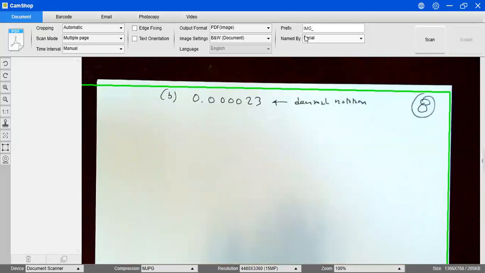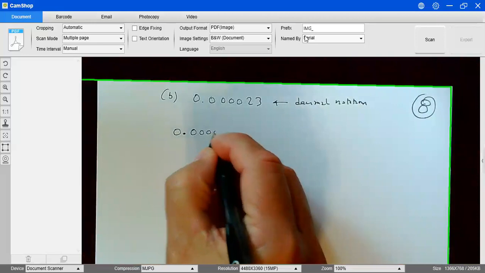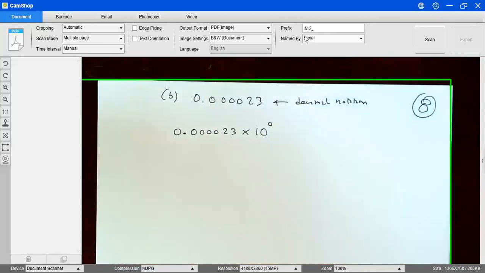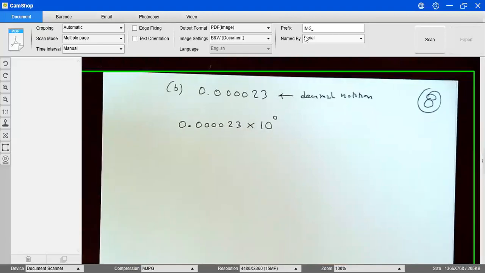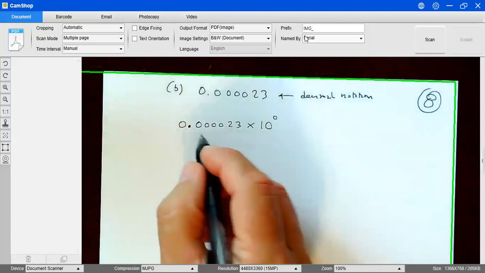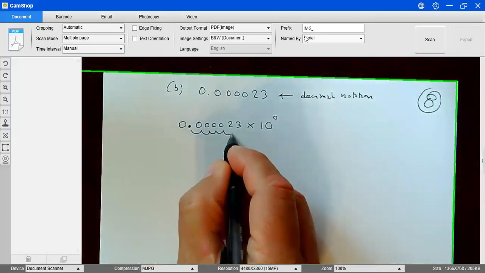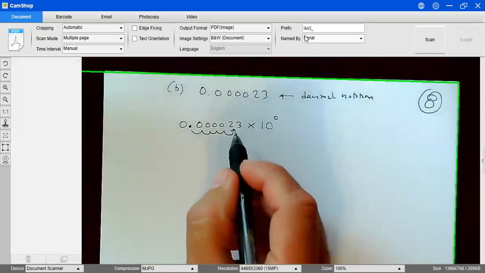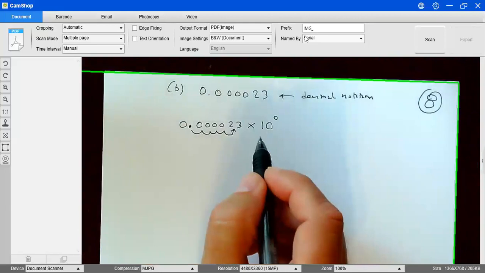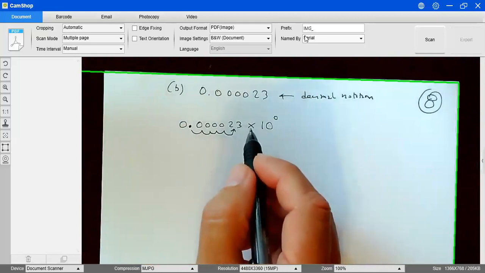So we have to write this as a power of 10. 10 is at the 0 power, because I haven't moved the point yet. So I'm going to move the decimal point to this location here, because in that way I'm going to get a Mantissa that is going to be 2.3. So 2.3 qualifies as a Mantissa.